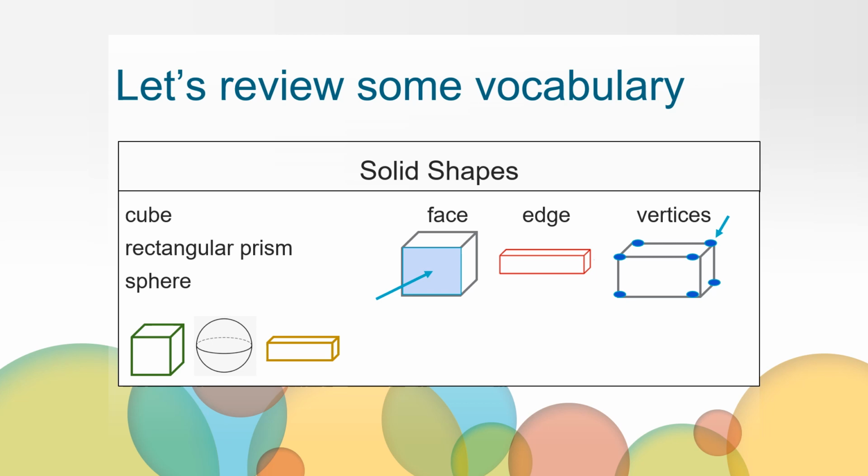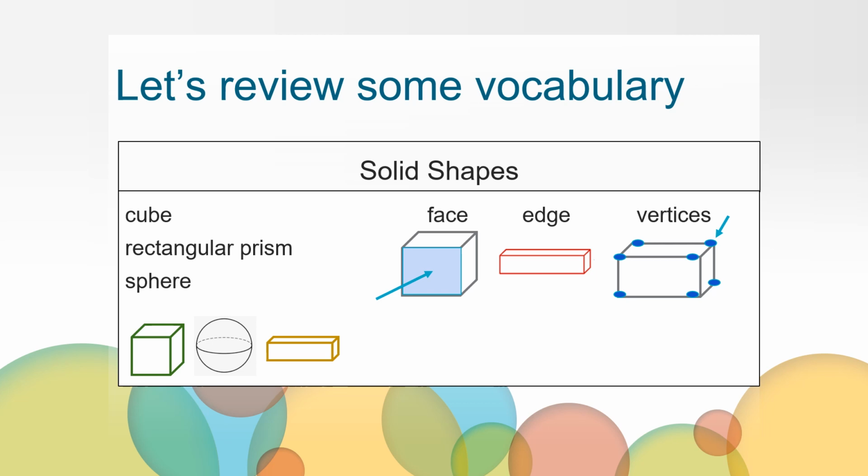The round solid is called a sphere. What is the name of the yellow solid shape? Did you say rectangular prism? If so, you got it right.